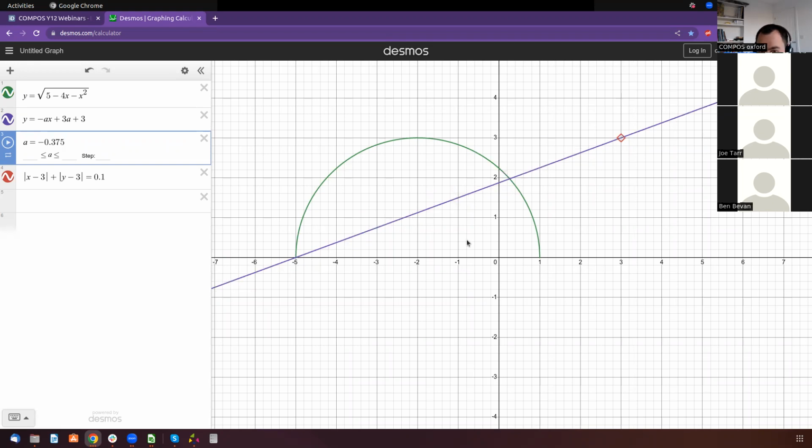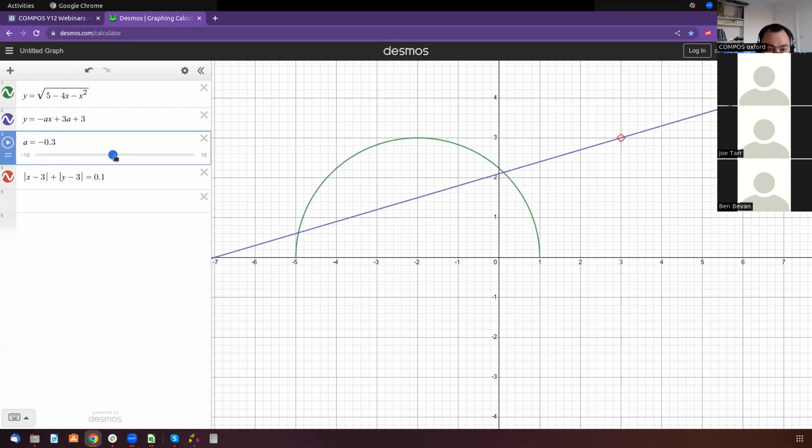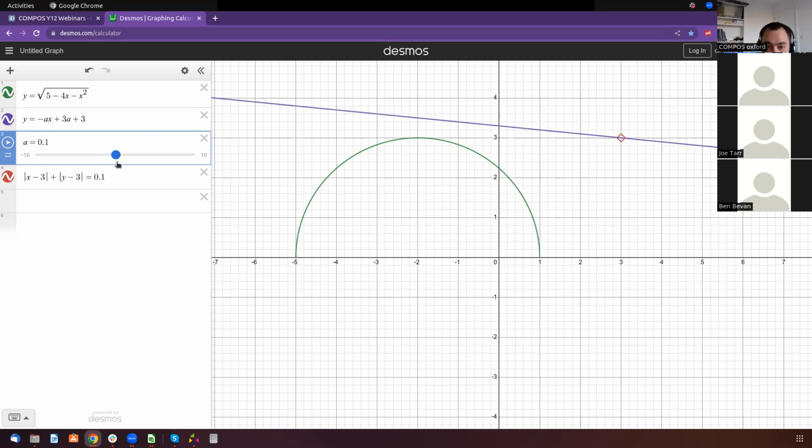Up to 3/8, it has one solution. Then it starts having two solutions, until it's 0, when it has exactly one solution. So the question is, when does it have one solution? Here, up to this point, and up to this point, and at this point.